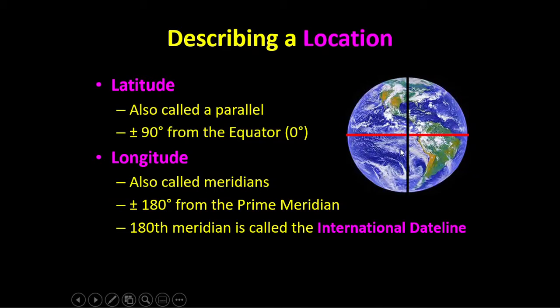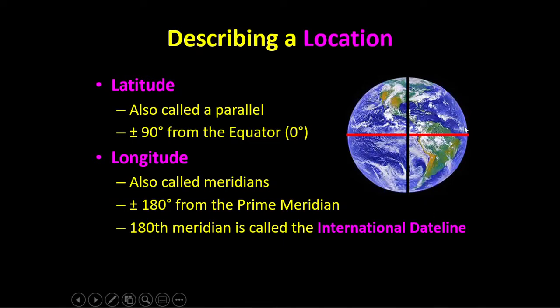The prime meridian's over on top of Africa and Europe, but that's the 0 line for these lines of longitude. From there, you can go 180 one way or 180 the other way. When you get to the other side, where those 180s overlap, that's the 180th meridian, also known as the international date line.